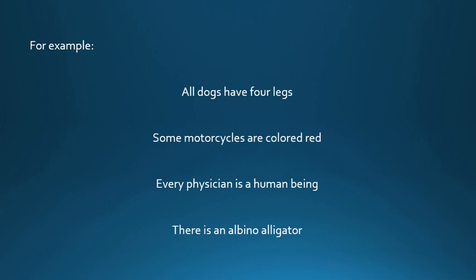These were all simple quantified statements. An example of a compound quantified statement would be all cars are 6 feet tall or have 5 wheels. We have that quantifying word of all. And then we had all cars are 6 feet tall.